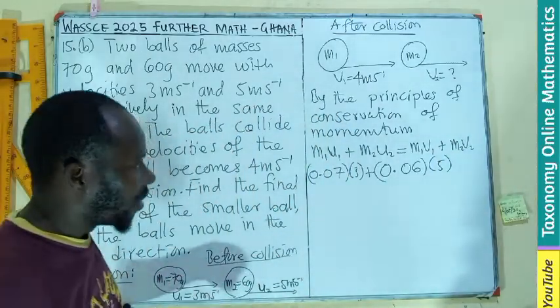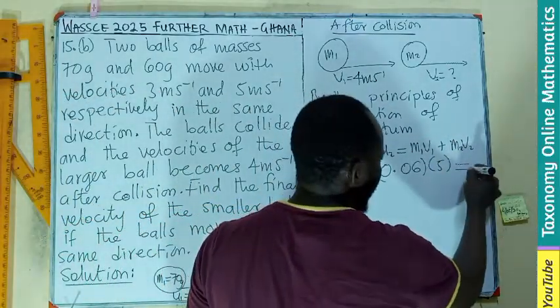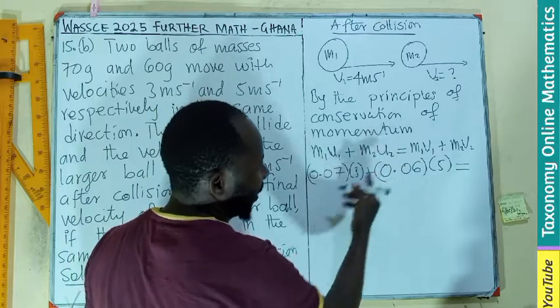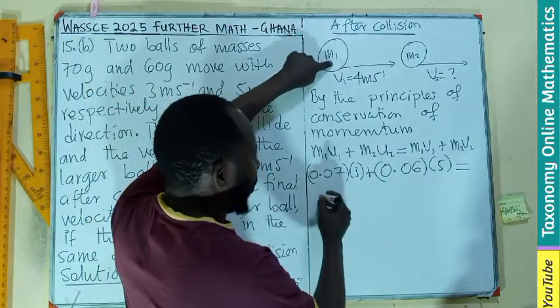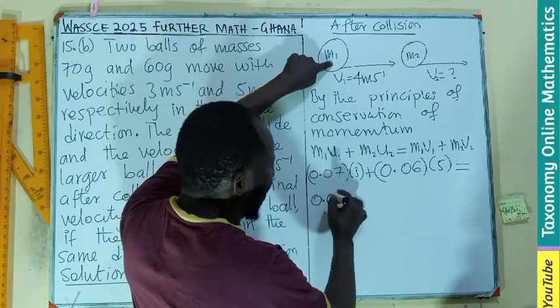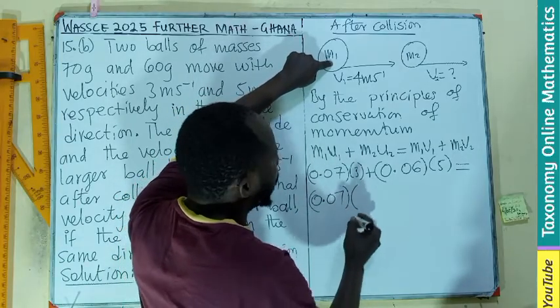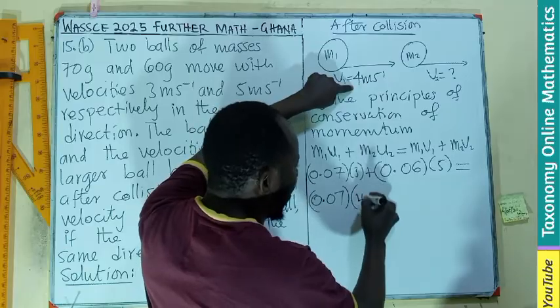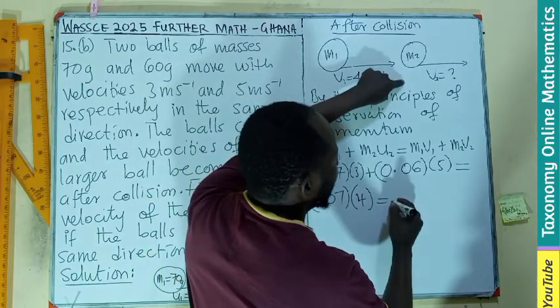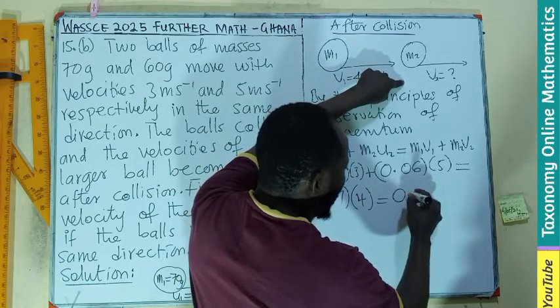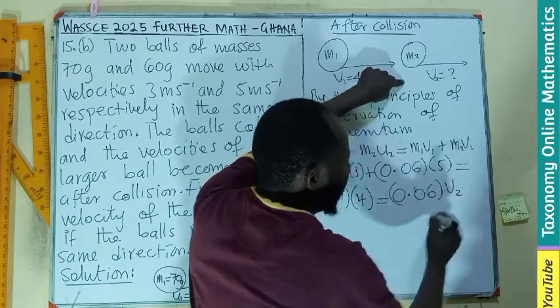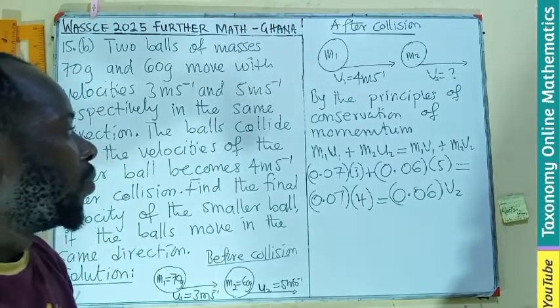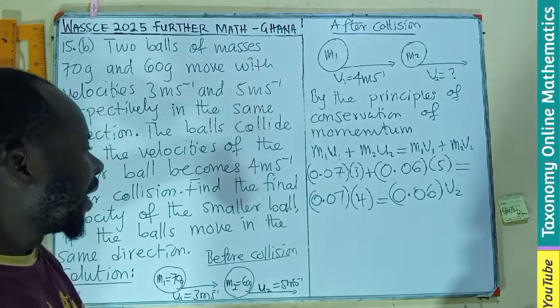This will be equal to the mass, which will still remain the same, 0.07, multiplying the final velocity of 4, plus the mass, still the same, 0.06 times the final velocity, which is the unknown variable we are looking for.